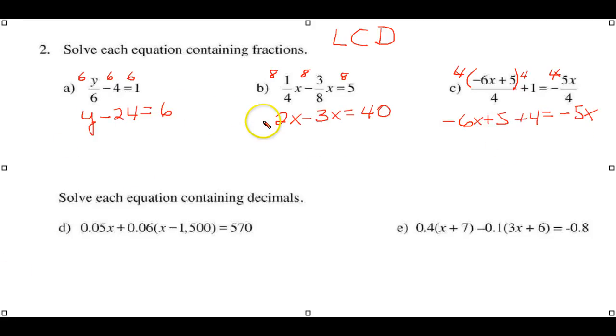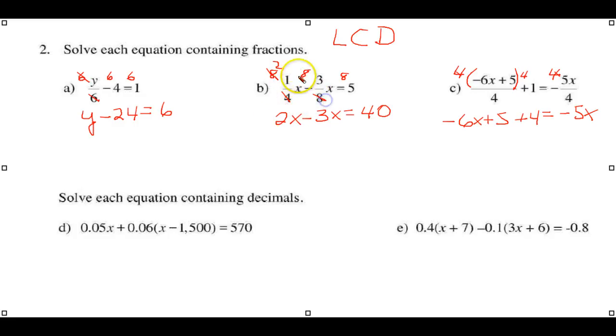Did you get this? Here the 6's cancel out, and we're just left with the y. Now negative 4 times 6, negative 24. 6 times 1 is 6. Now here 4 goes into 4 once, 4 goes into 8 twice, so 2 times 1x is 2x.